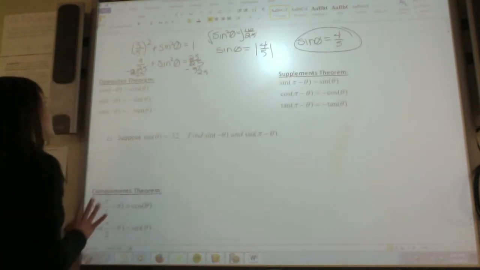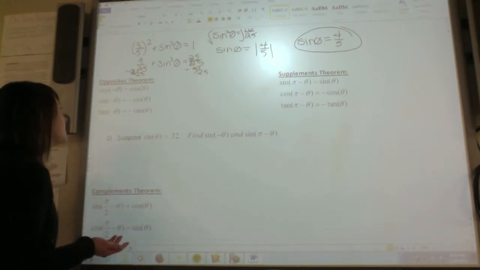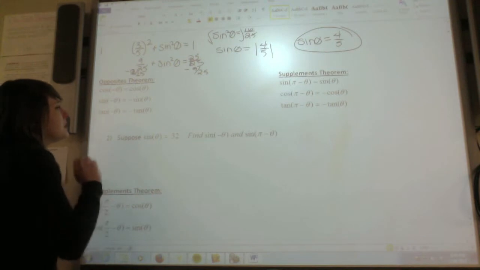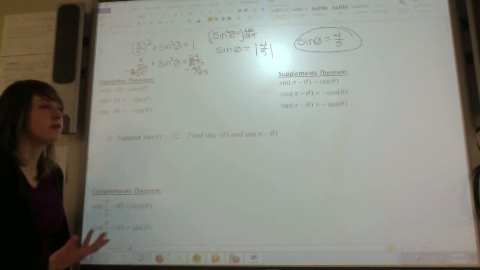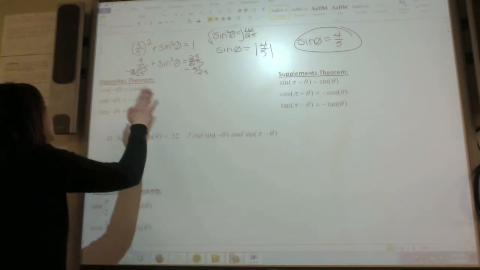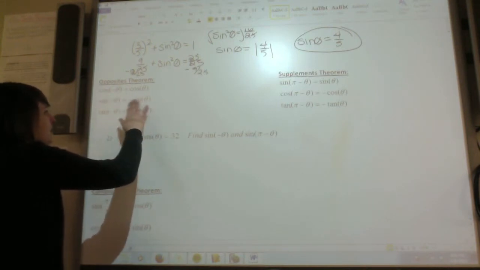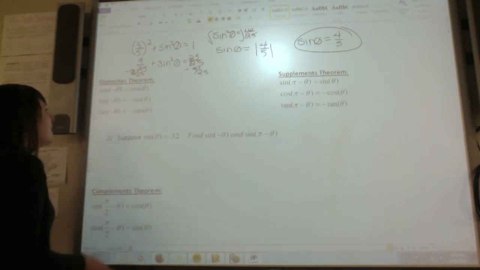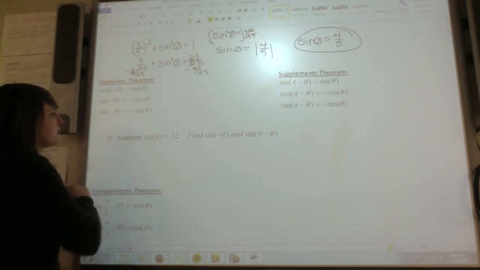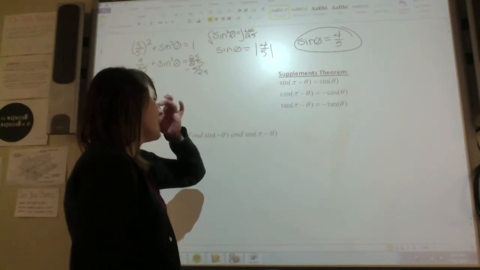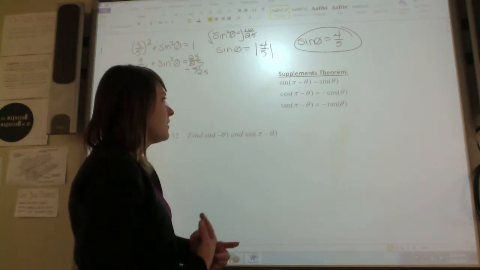Next up, we've got our opposites theorem. That says that if I take the cosine of a negative theta value, it's the same thing as the cosine of the positive theta value. The sine of a negative theta is the same thing as negative sine theta, and tangent of negative theta is the same thing as negative tangent theta. I also have the supplements theorem, dealing with supplements of angles.